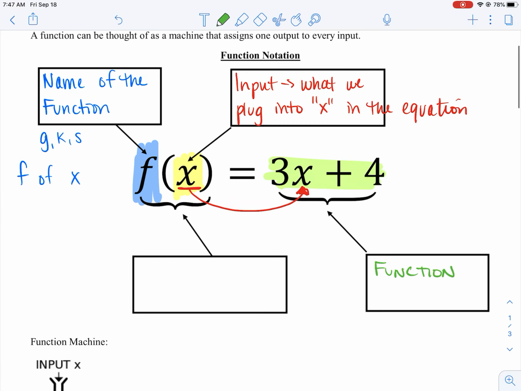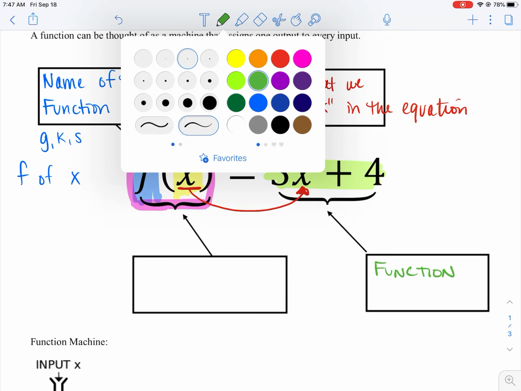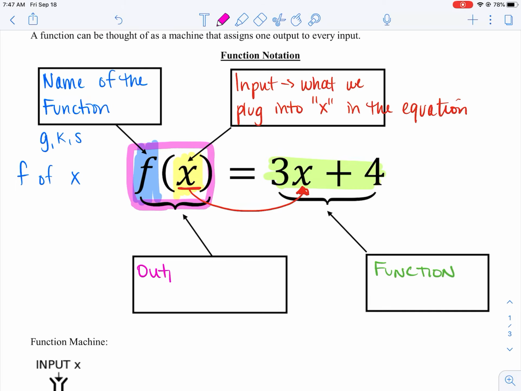And last but not least, this entire thing right here all together, while its pieces at the beginning represent the name of the function and the input, if you see a number there, this also represents the output, or the answer after you substitute.